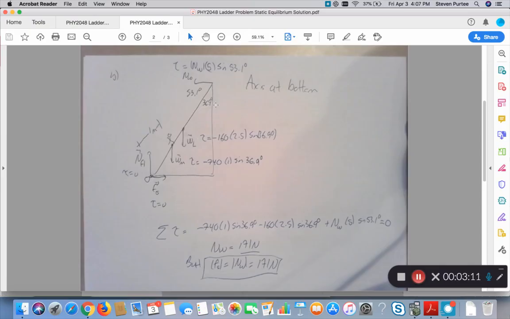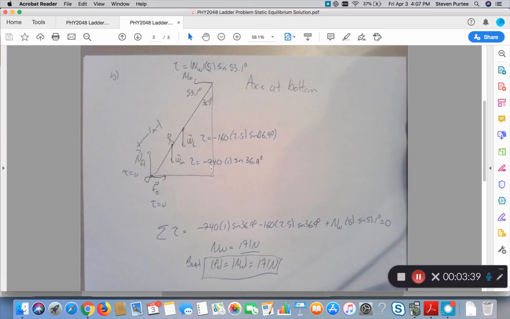Then each force will create a torque, magnitude of the force times the distance from the axis times the sine of the angle that force makes with the ladder, which is our line of action here. So the guy here is creating a clockwise torque. He wants to make the ladder rotate clockwise, so he's a negative torque.